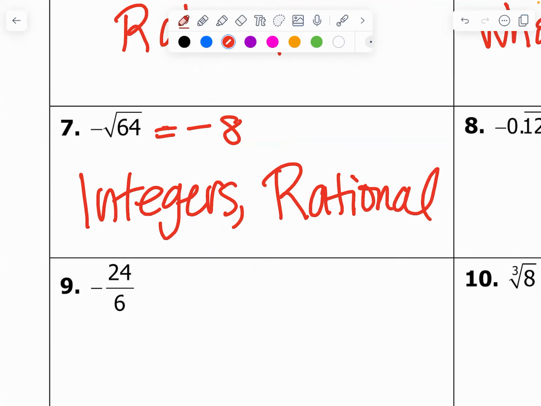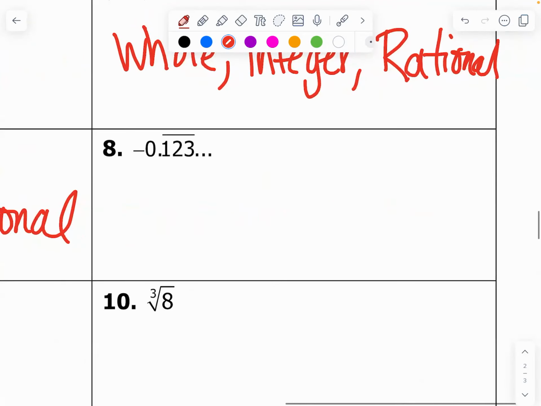Okay, number 8, we have a decimal. What does that line mean? It repeats. So it's -0.123, 123, 123, 123.